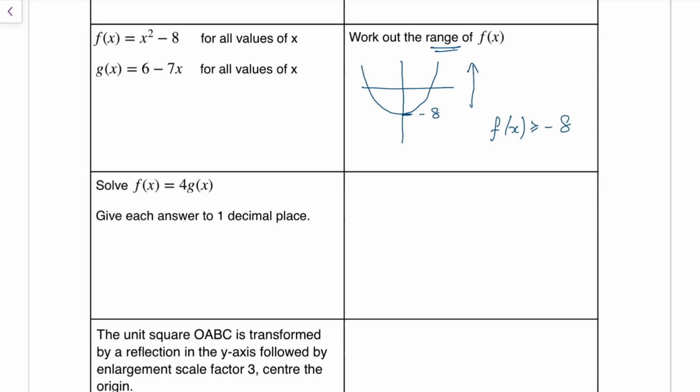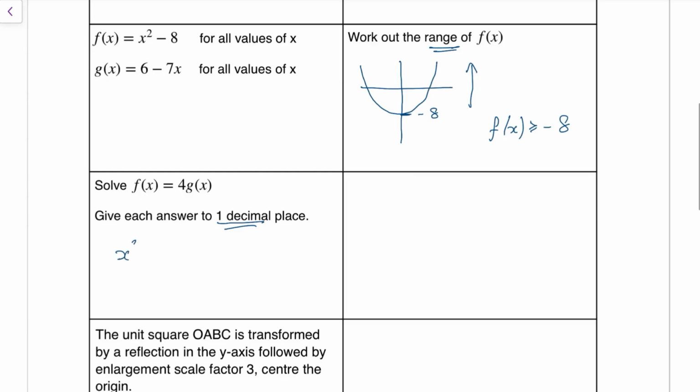Solve. Okay, and then it says give your answer to one decimal place. Now, because f of x has an x squared and g of x doesn't, I'm thinking this is a quadratic, which I'm going to have to solve using the quadratic formula because it won't factorize, because it tells me one decimal place. So let's just do that. f of x is x squared minus 8, and it tells me that's equal to 4 lots of g of x.